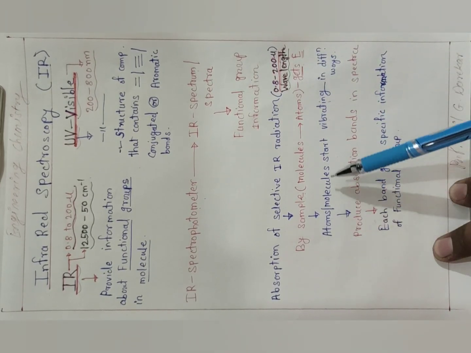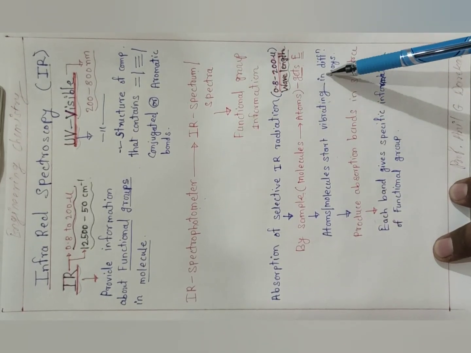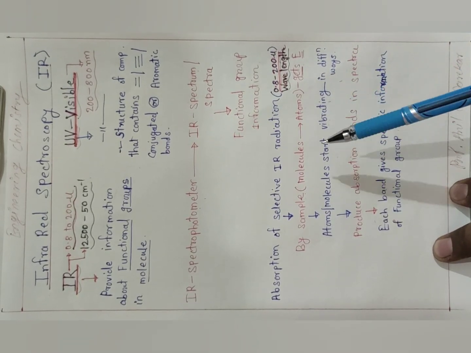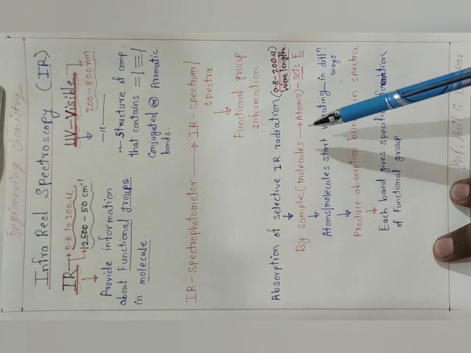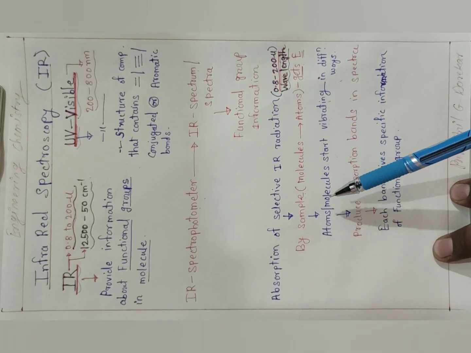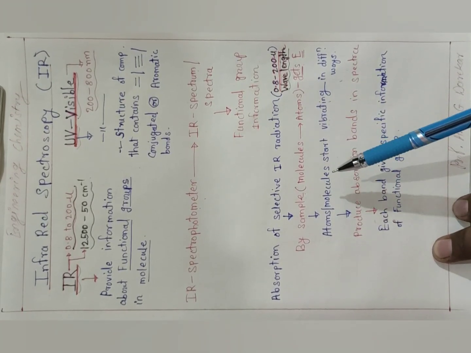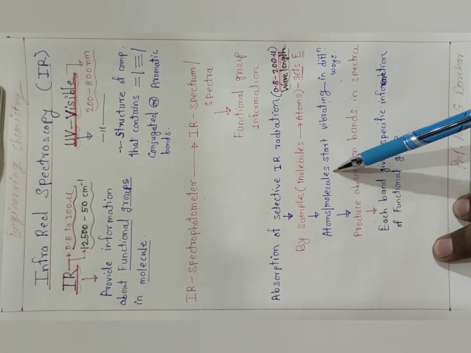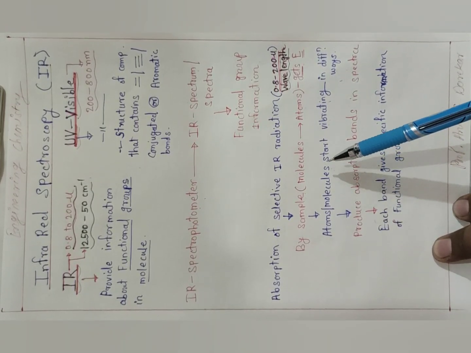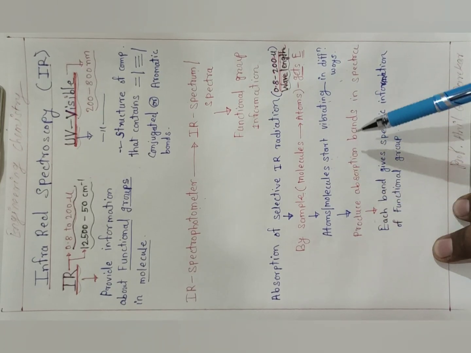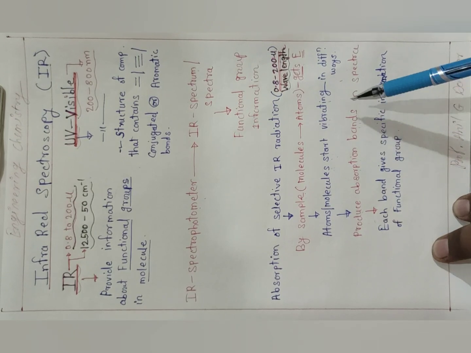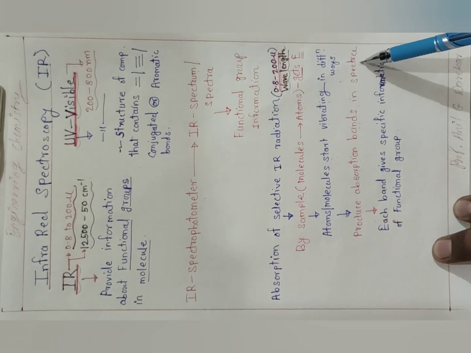Atoms or molecules start vibrating in different ways. Who is getting vibrated? Atoms or molecules are getting vibrated. After vibration of atoms or molecule, it produces absorption bands in the spectrum.